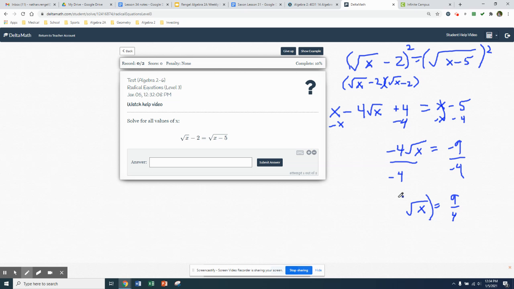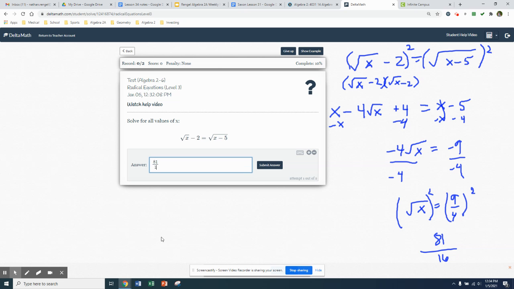And then to undo that, we're going to square both sides, and then we'll get our answer. 9 squared is going to be 81, and 4 squared is going to be 16. So I'm going to get 81/16. Just a reminder on how to do a fraction, we'll go 81 over 16, and that will be our result.